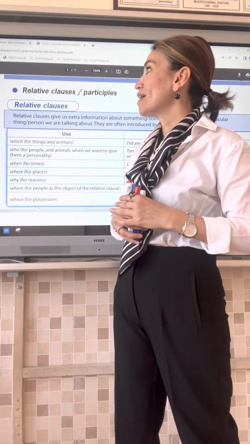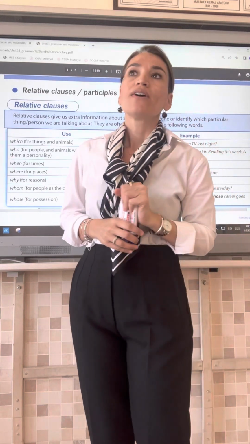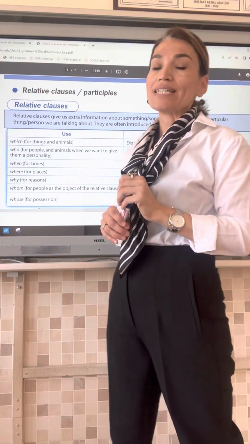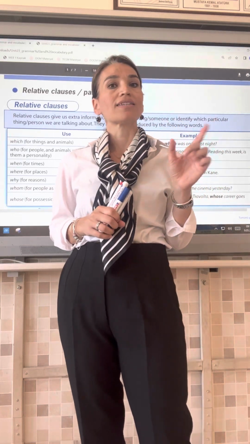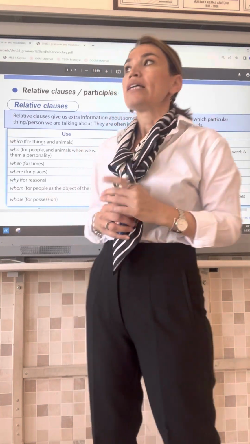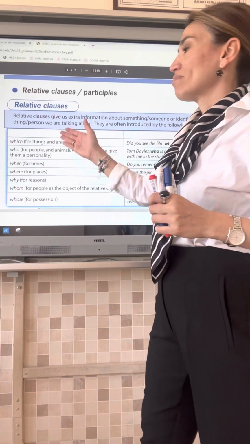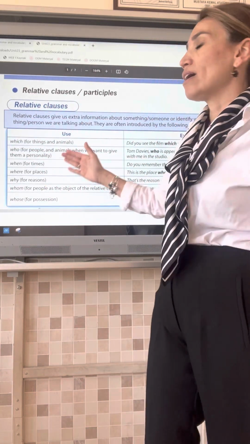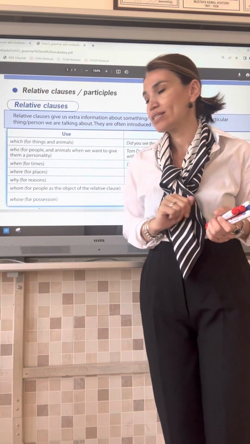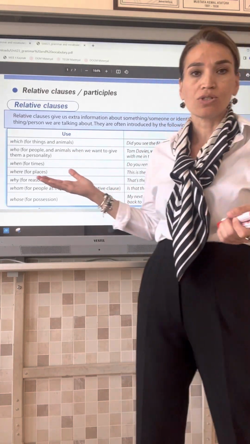As for relative clauses, this part of the sentence gives us extra information about the thing that we mentioned. These things can be animals, objects, people, times, places, reasons, and possessions.